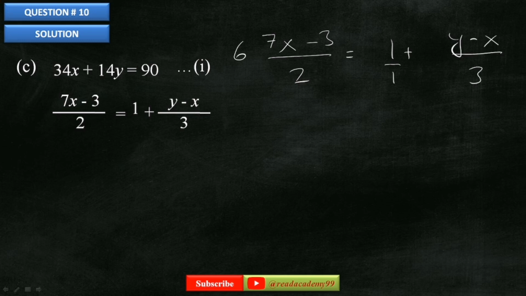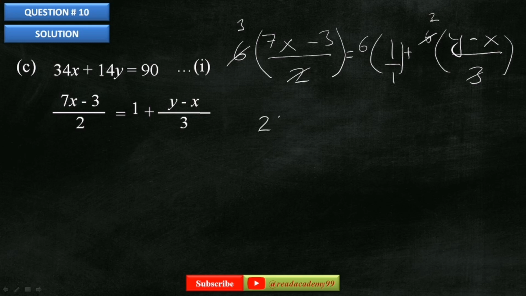So 6 multiplied on this side and 6 multiplied here on the right-hand side. 2 times 3 is 6, and 3 times 2 is 6. Now multiply these terms. So 21x minus 9 equals 6 plus 2y minus 2x.